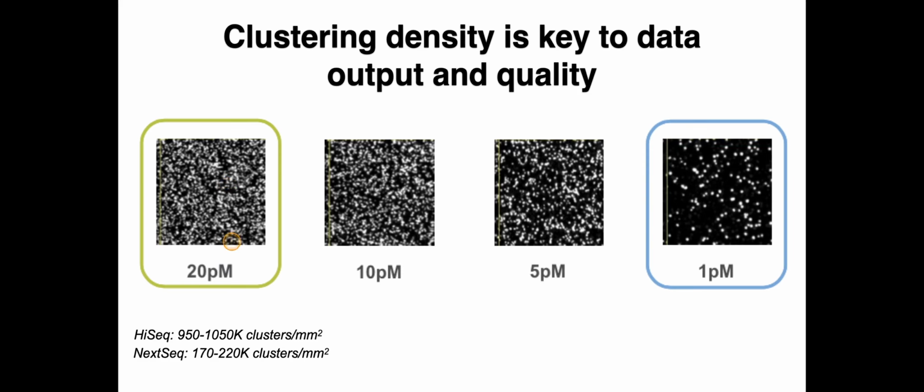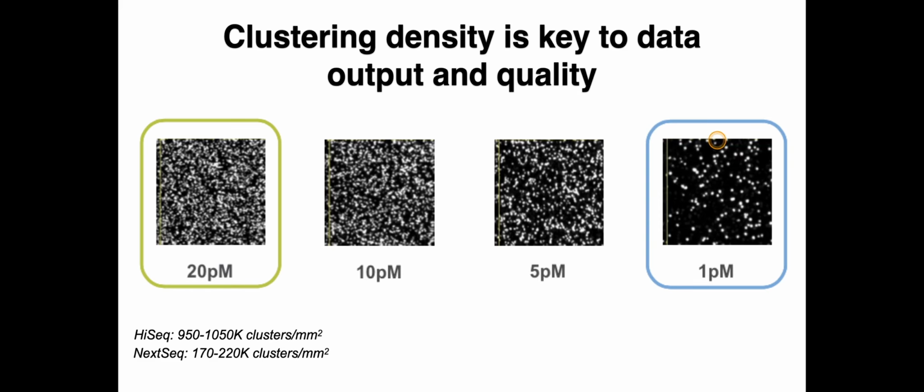These are very, very crowded, and you can imagine if a camera tries to look down and interpret data coming from each of these spots, it might get really confused and ultimately have to discard much of the data because it can't tell one spot from the next, similar to how if you streaked a lot of bacteria on the plate, you can't pick one colony from the other. So there is a risk of what we call overclustering and losing a lot of data and having a really poor quality sequencing run.